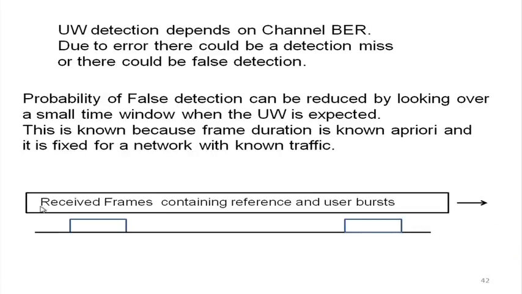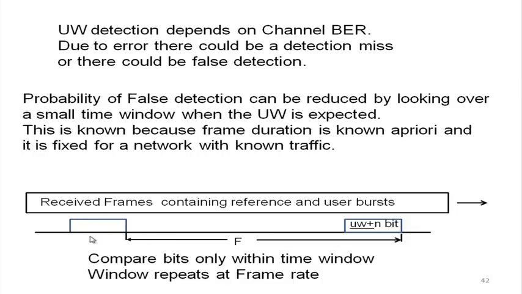So, let us put it pictorially: received frames containing the reference burst and the user burst go through shift registers, and unique word windows are generated. Let us say you get a unique word in this window. After a frame time minus the unique word size, or a slightly larger size because there may be some error in your clock, so better to put an extra n bits over that, the next unique word will appear.